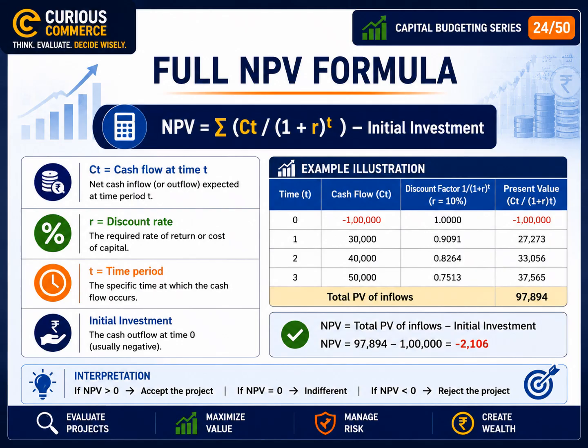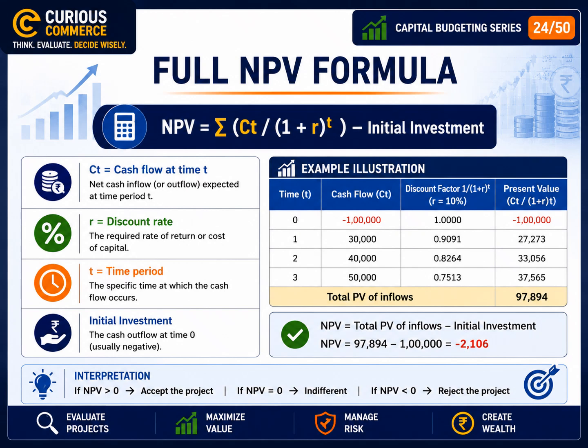The sigma symbol means add all discounted cash inflows. Now let us understand practically. Suppose a project gives cash inflow for 5 years. Each year's cash inflow is converted into present value separately. Then all present values are added. That's why it is called summation or sigma. Initial investment is subtracted.